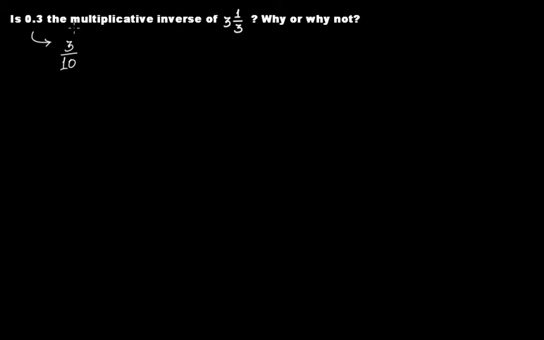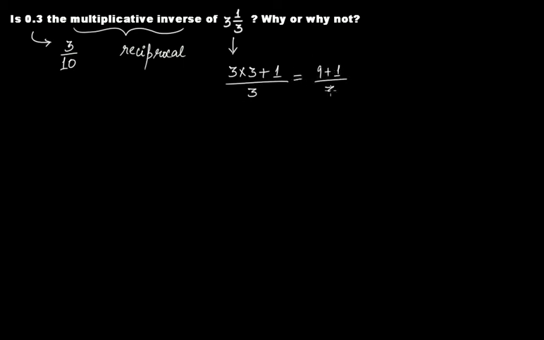We know that multiplicative inverse is also called reciprocal. 3 1 by 3 is a mixed number, so this can be written as 3 times 3 plus 1 divided by 3, and you get 9 plus 1 divided by 3, you get 10 by 3, right?